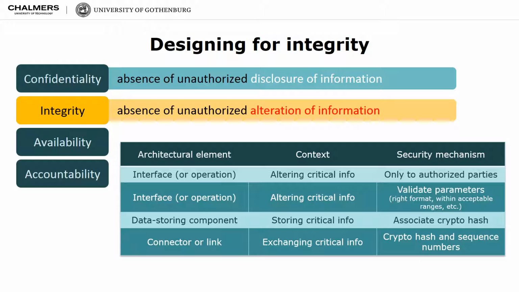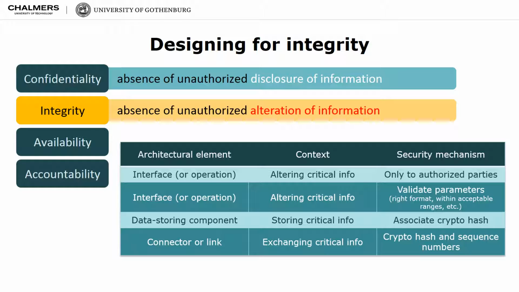Similarly, whenever data is permanently stored in a data storing component, it is important that such critical information is associated to a crypto hash so that modifications of the information in the database, for instance, are noticed.